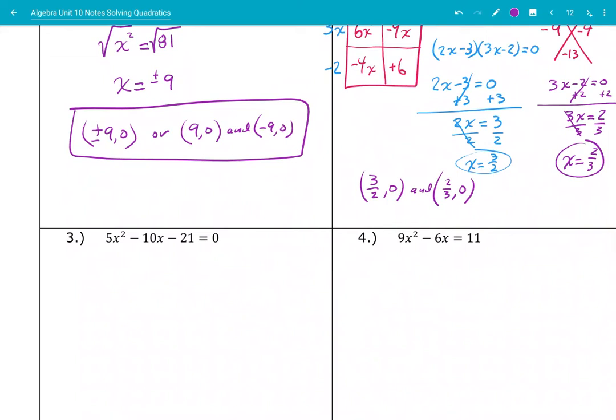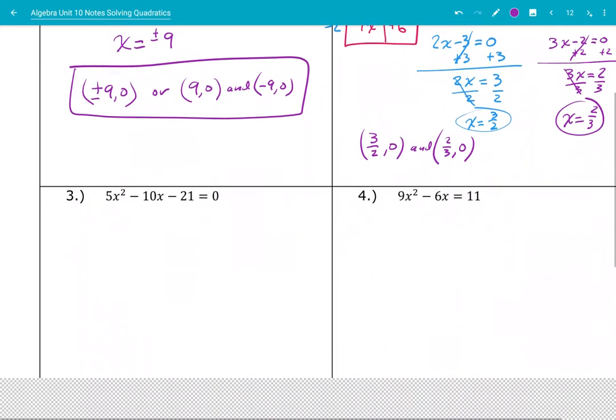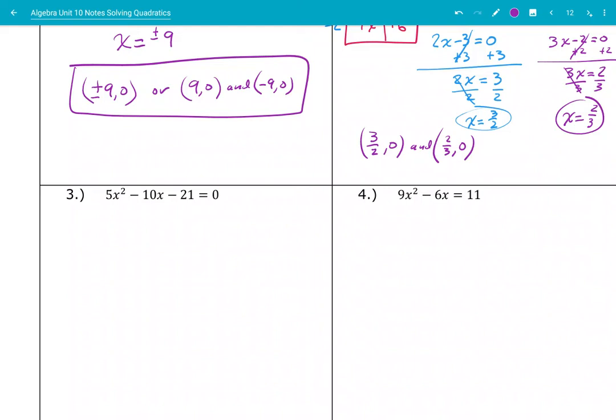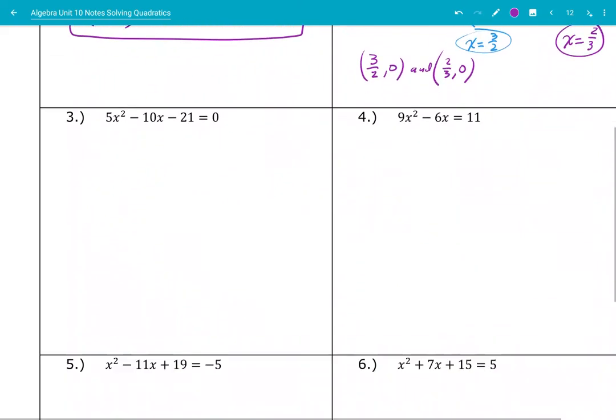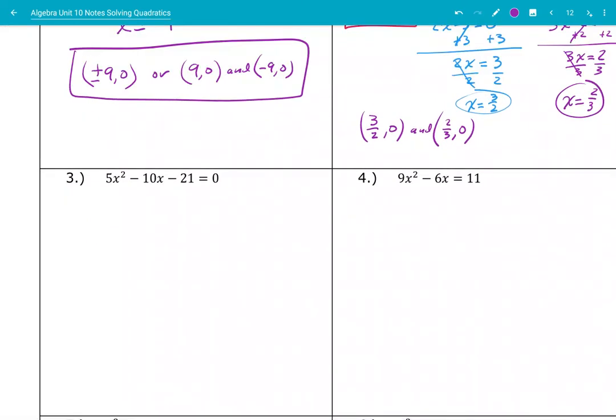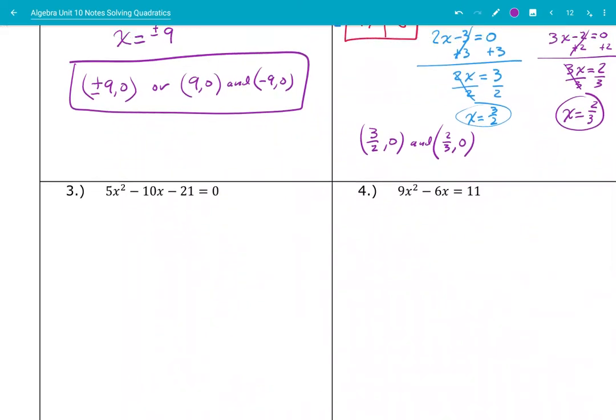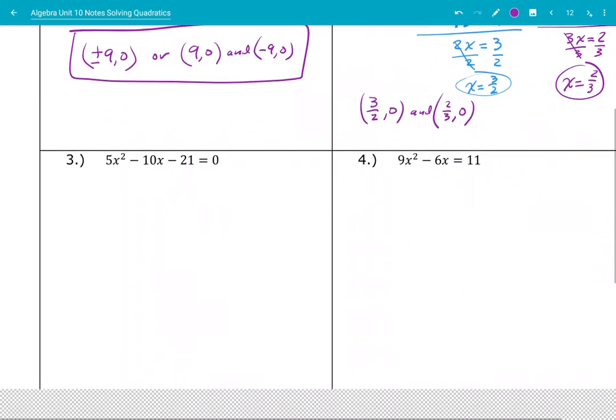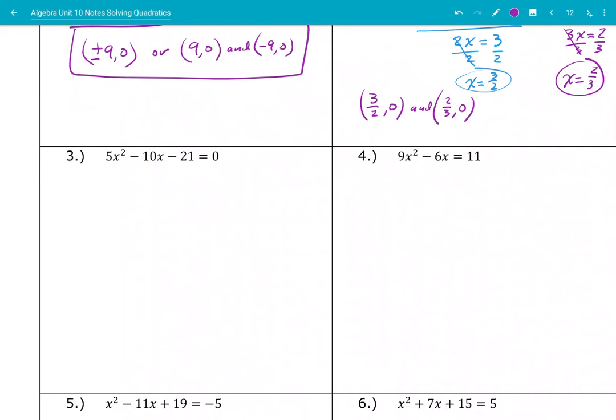let's see, I think I can do, let's do 2 more. Well, neither one of these can really be simplified very easily to get 1 for my a term, so we don't want to complete the square with those, but we can, let's use a quadratic formula. Let's do that. So I've got a quadratic formula.